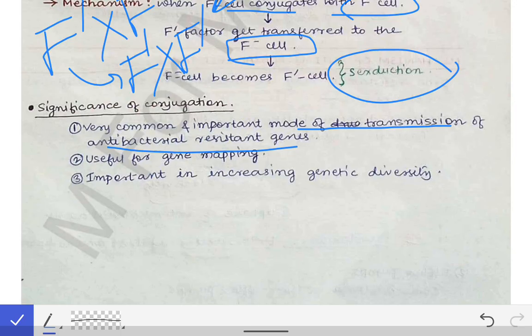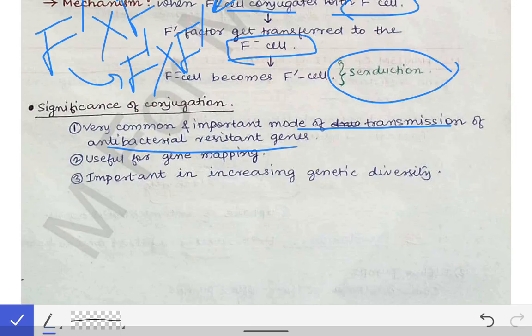In Streptococcus pneumoniae it is transformation. But if we leave these two bacteria, then in all other bacteria the most common mode of transfer of antimicrobial resistance is conjugation.